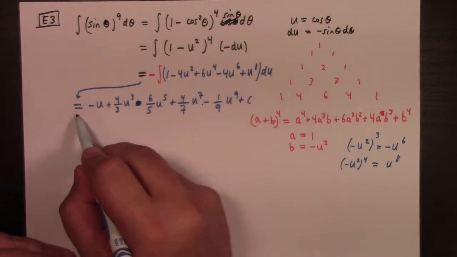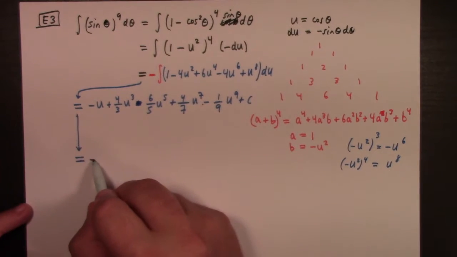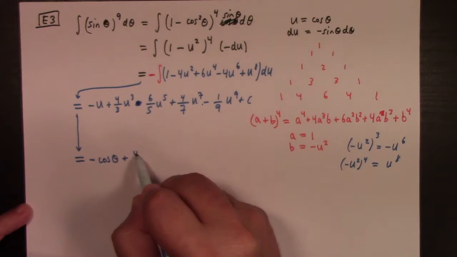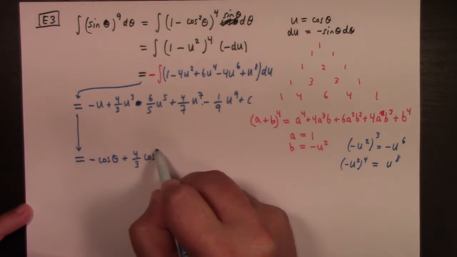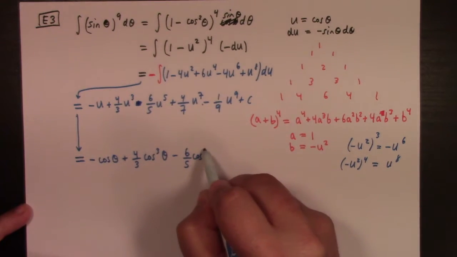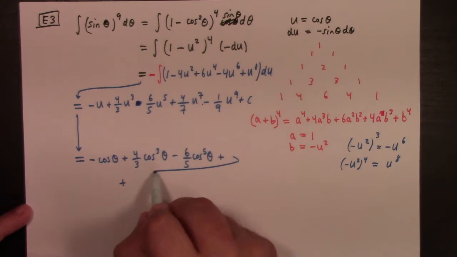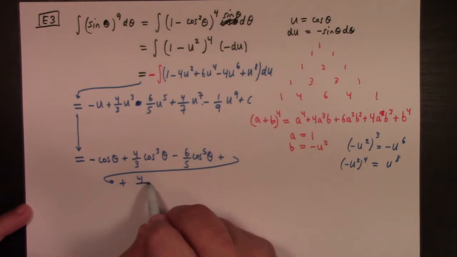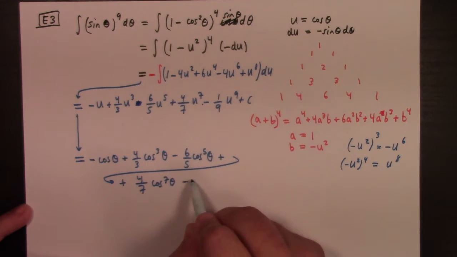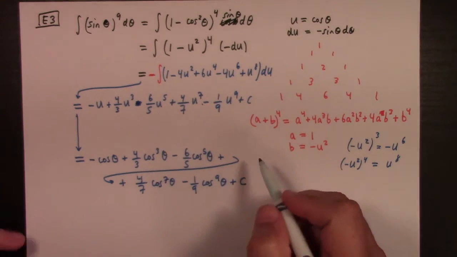And then finally the answer: minus cosine theta plus 4/3 cosine cubed theta minus 6/5 cosine to the fifth theta plus 4/7 cosine to the seventh theta minus 1/9 cosine to the ninth theta plus a constant. And there you have it.